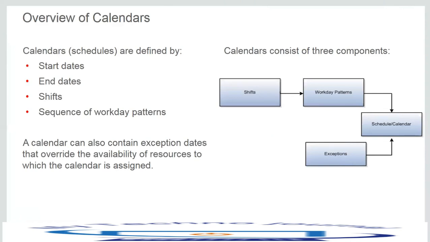We can create time, duration, and elapsed workday patterns as well. The workday pattern describes how a shift repeats. For example, a week is 7 days, and the number of working days is, say, 5.